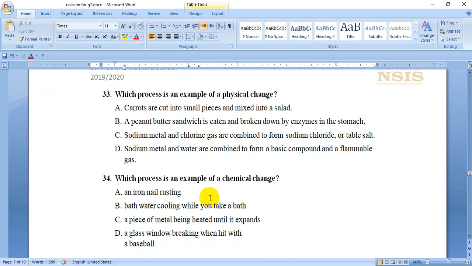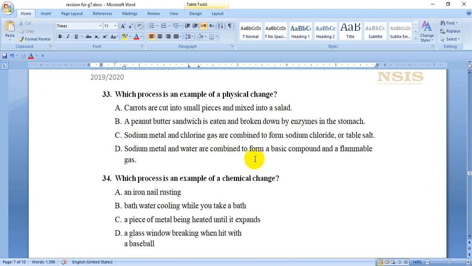Question 33. Which process is an example of physical change? Which one of them is a physical change? Carrots are cut into small pieces and mixed into salad. A peanut butter sandwich is eaten and broken down by enzymes. Sodium metal and chlorine gas combine together to make sodium chloride, which is a new substance.